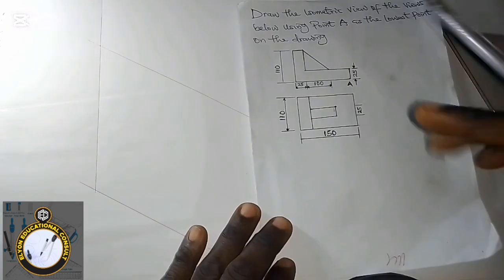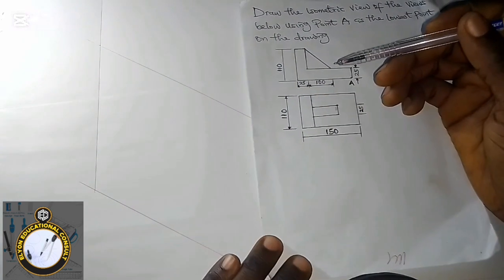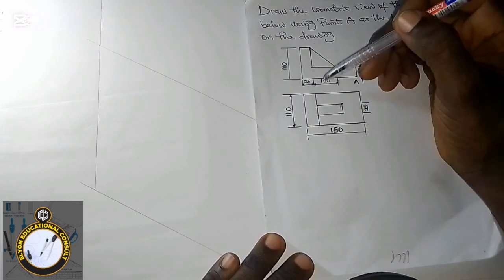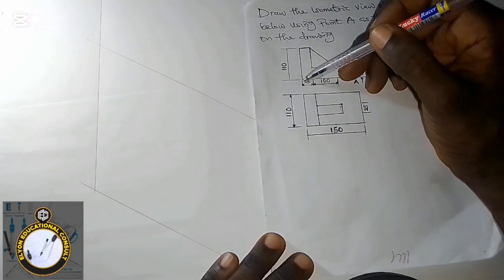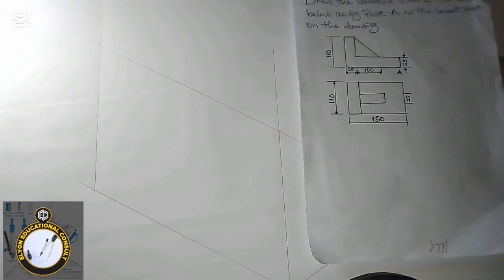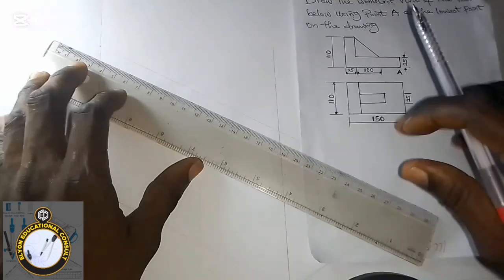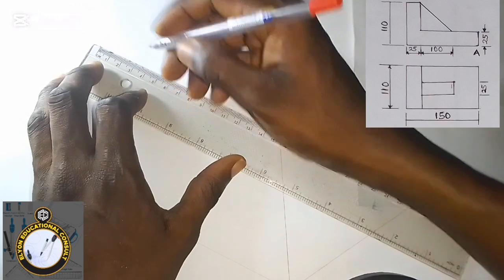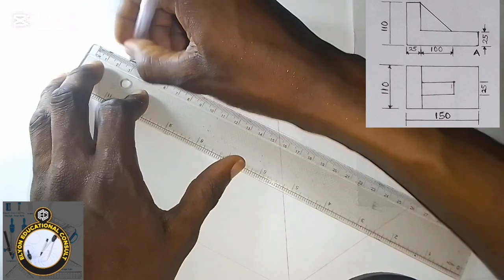And we are to put in this now from here to here. We are told it is 25. So let me put that in now. I'll measure 25, that is 2.5. So this is 25.